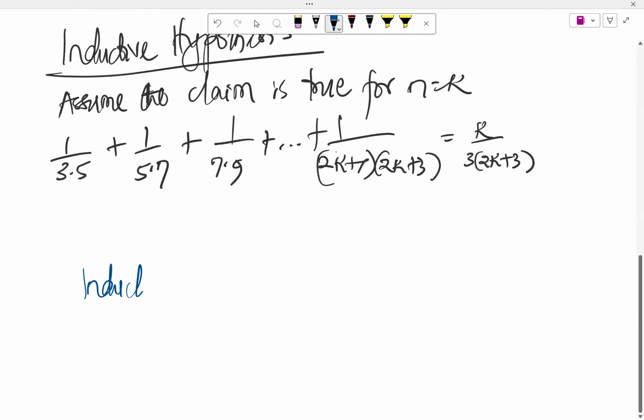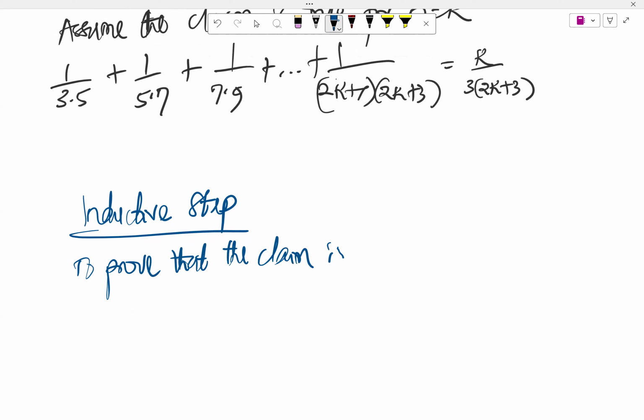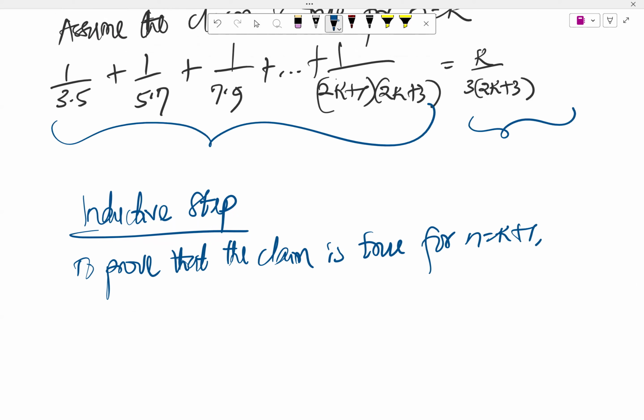At the inductive step, you prove finally that the claim is true for n equals k plus 1. Pay attention that this is already equal to this, so anything you add to the left-hand side, you add exactly the same thing to the right-hand side.